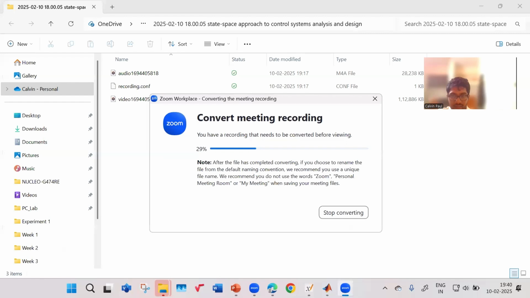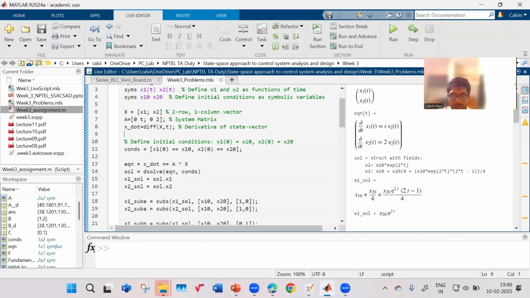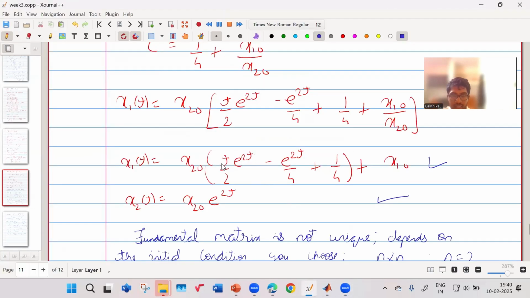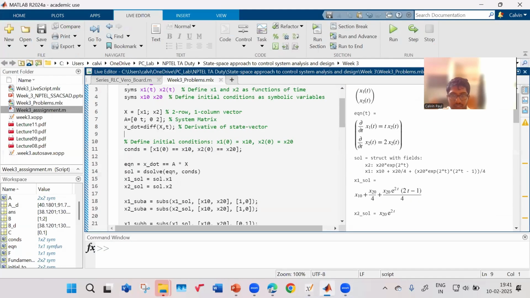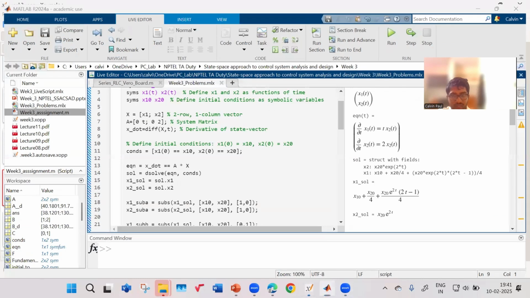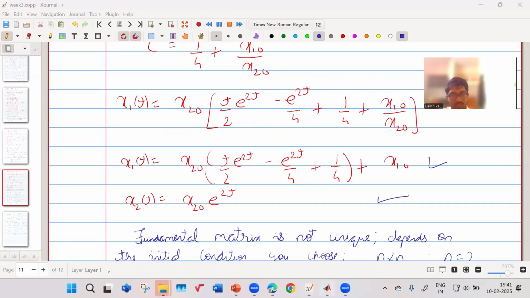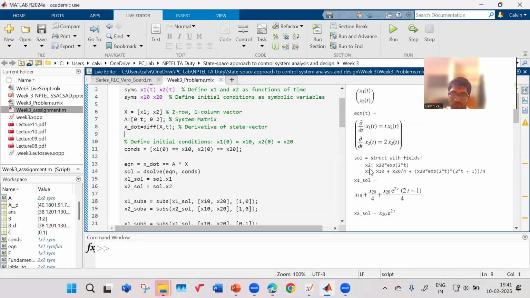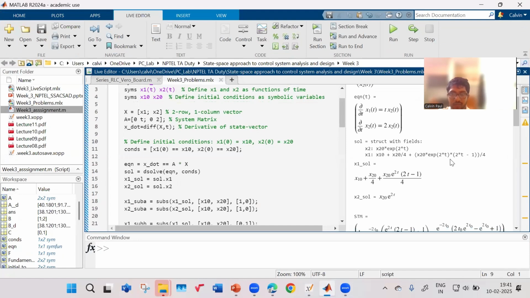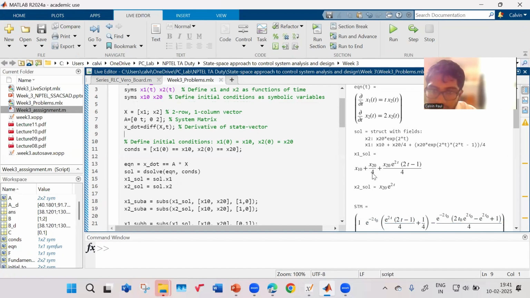Till that is correct, right? Plus x20 into e to the power 2t into 2t minus 1 by 4. Okay, so that also is correct. So x1 also is correct. So the x1 solution is x10 plus x20 by 4 plus x20 into e to the power 2t into 2t minus 1 by 4.